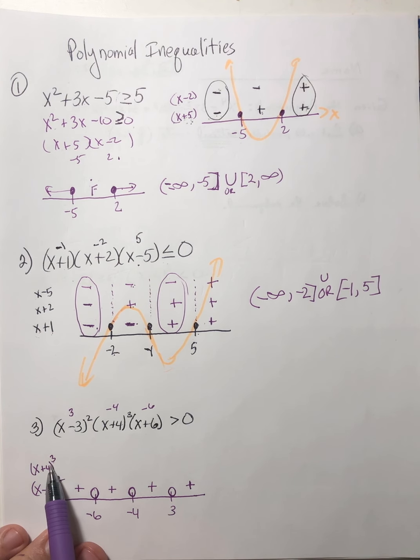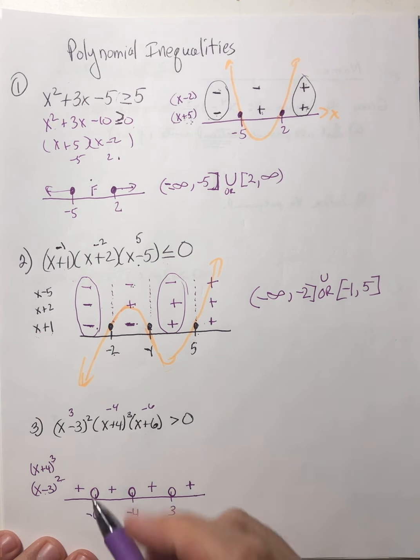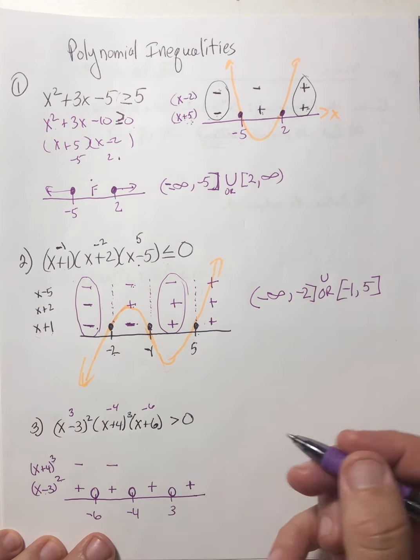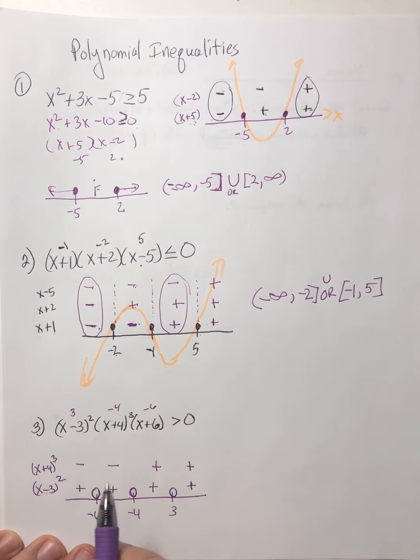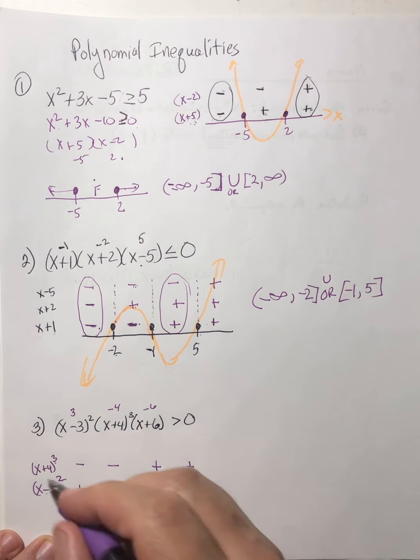If we raise a negative number to an odd exponent, it's still negative. There's the negative 4 right there, right? To the left, we are negative. And then to the right, we are positive. It's cubed. Nothing happens with the signs. And then here I just have x plus 6.